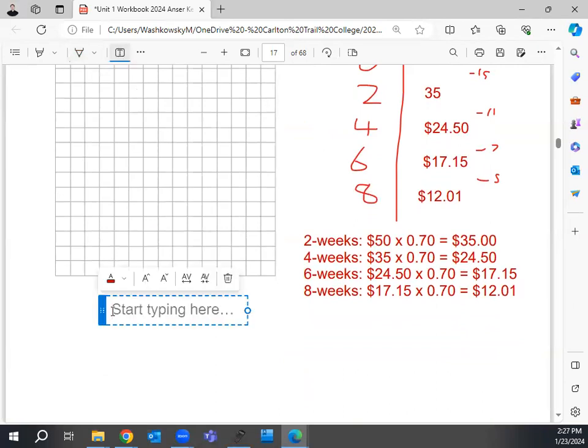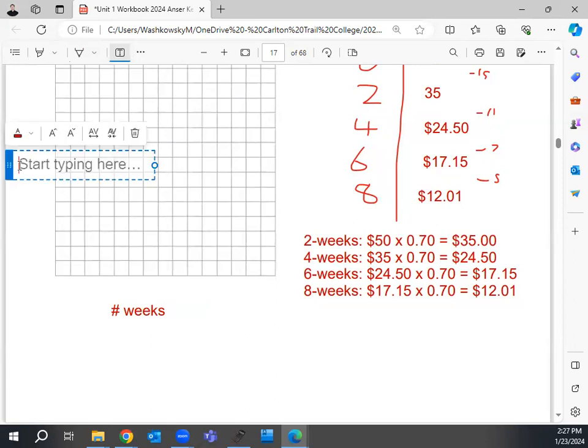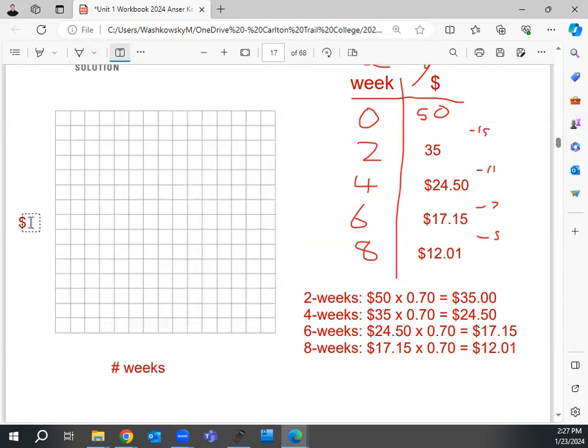So, number of weeks and total value. I have 15 lines.